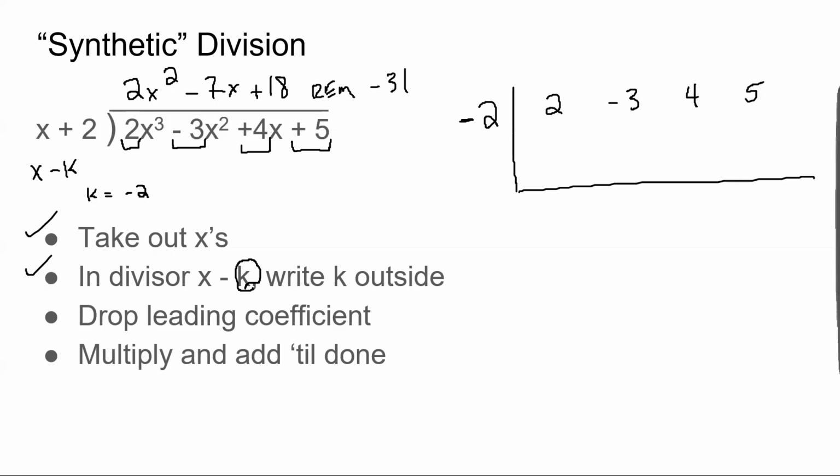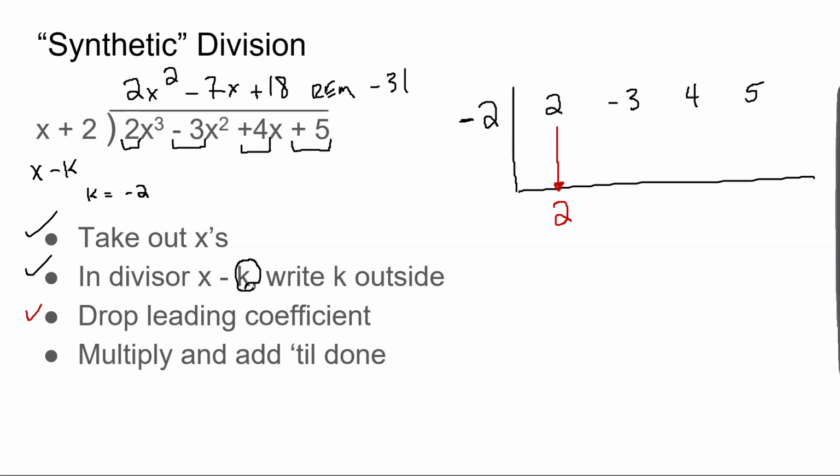Okay. Drop the lowest coefficient. What they mean by that, maybe that's not the best way to say it, but it's like we used to drop the next digit or the next term. So we're just going to drop that one straight down. And then we're going to multiply and add till we're done.